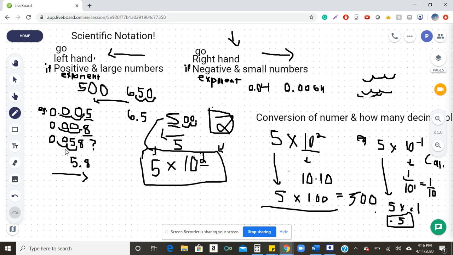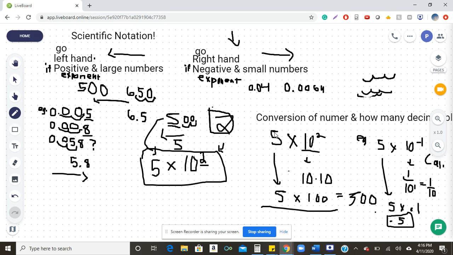So again, what would 0.058 be? You would stop before the last non-zero digit, which is 8, and you would write both of the non-zero digits down and the decimal, and it would be 5.8.